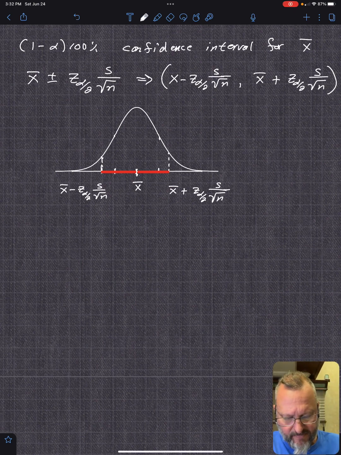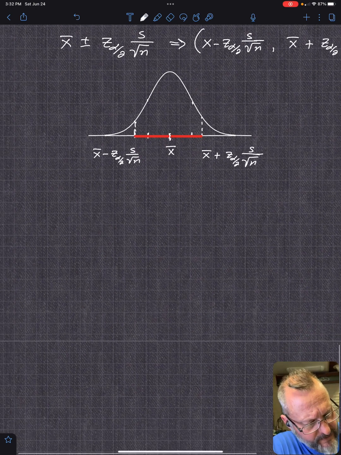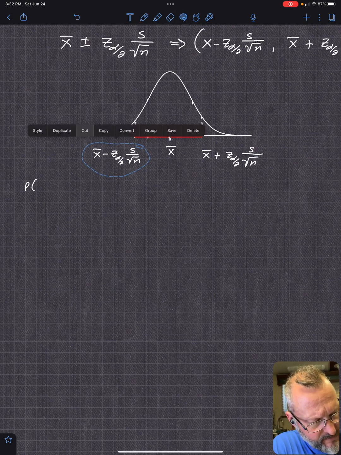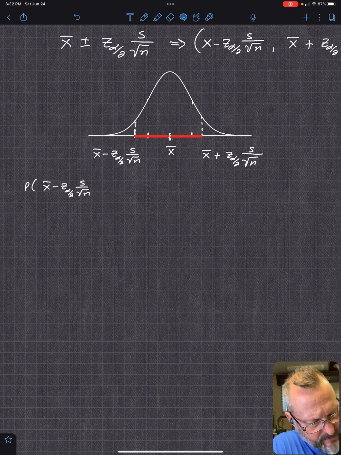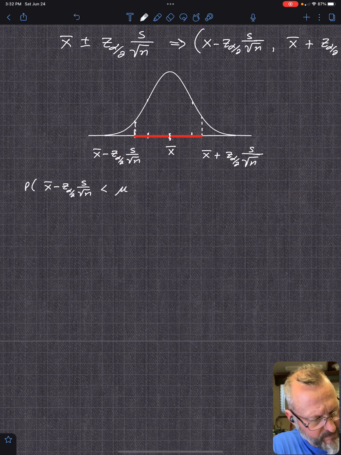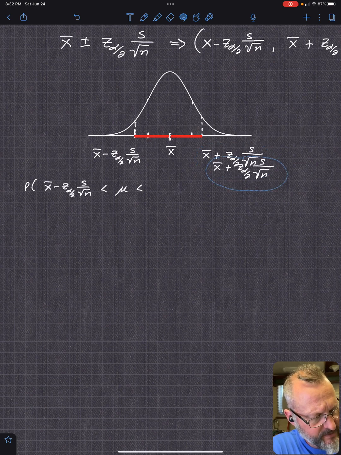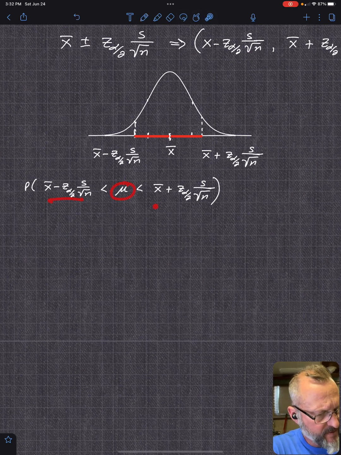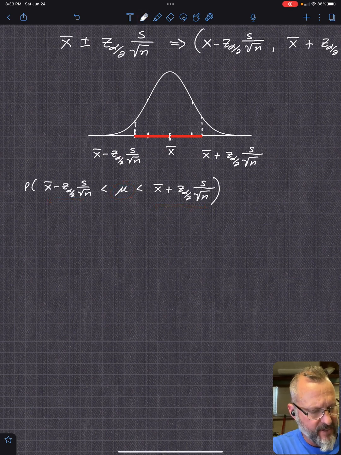That's what we mean by the confidence interval. So the probability that mu is between these values, this is really the punchline here, the probability that the actual mean is between this value and this value is 1 minus alpha.